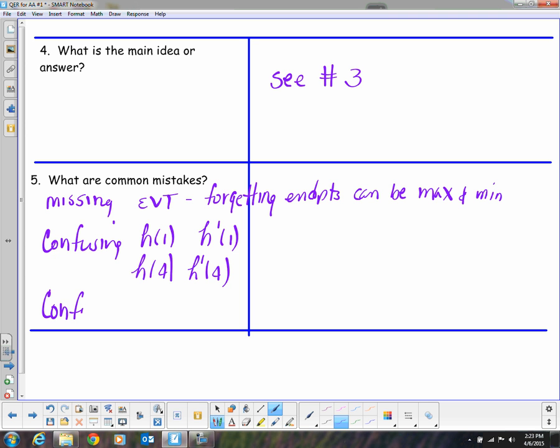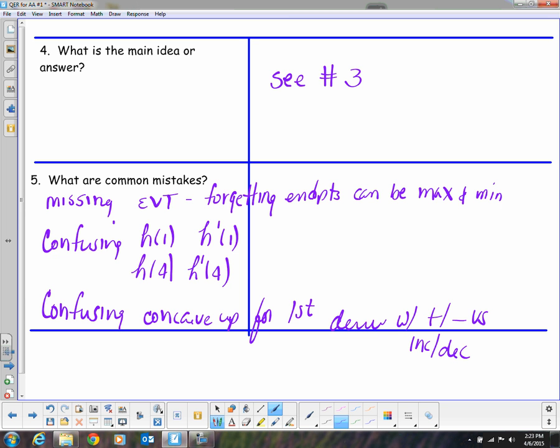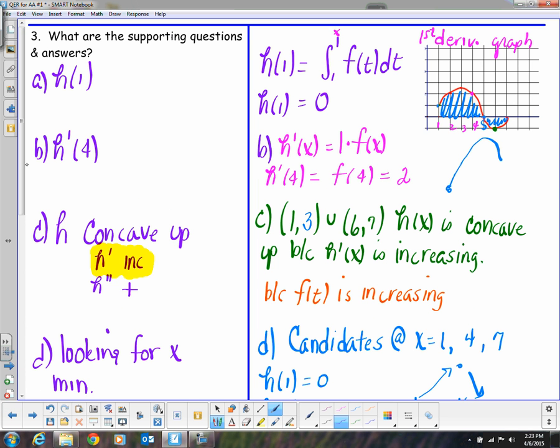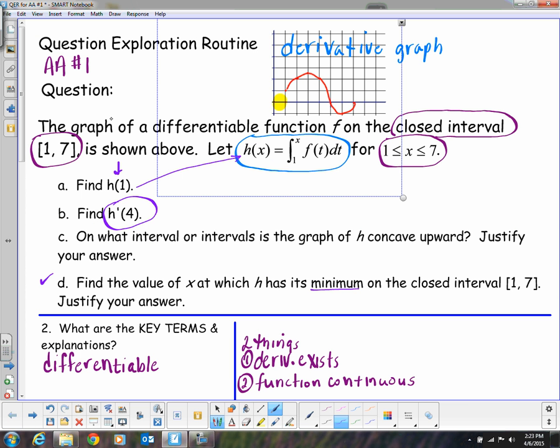Confusing concave up for first derivative with positive, negative versus increasing, decreasing. That's another common error. So that is my QER for an area accumulating problem.